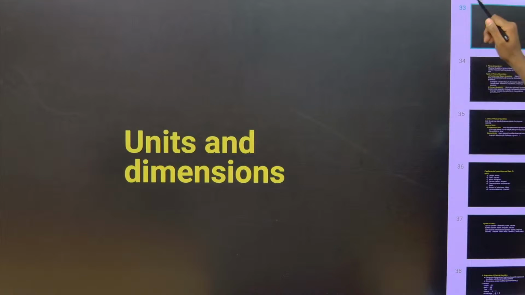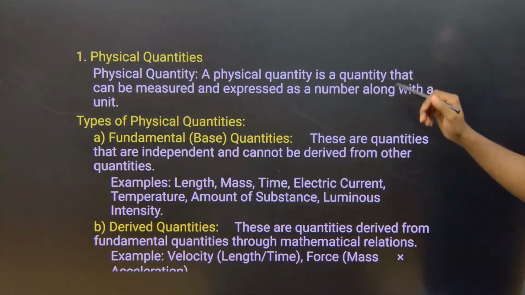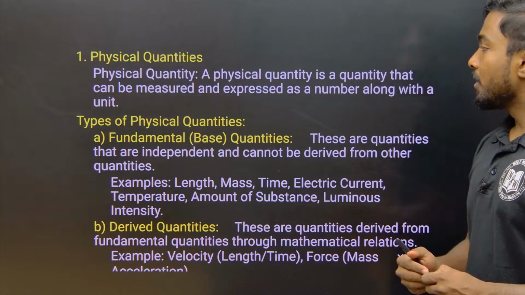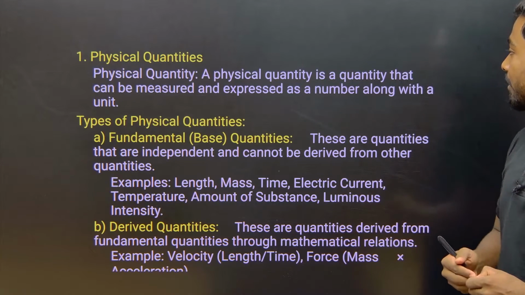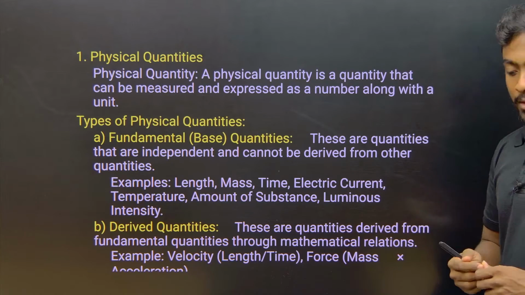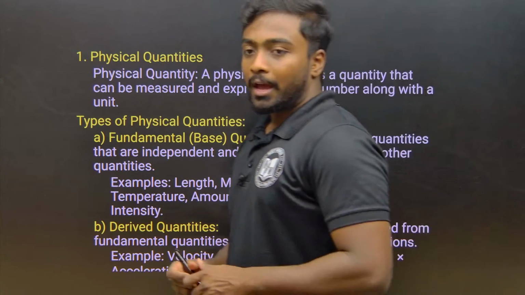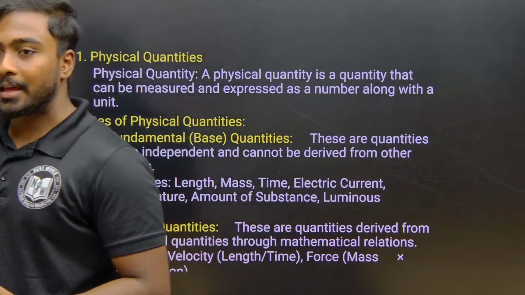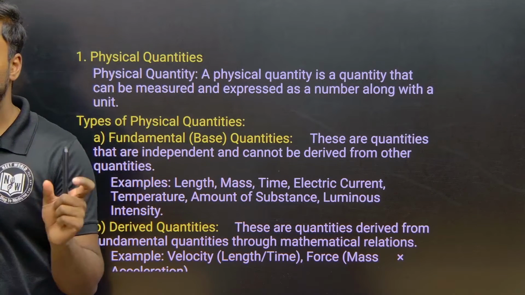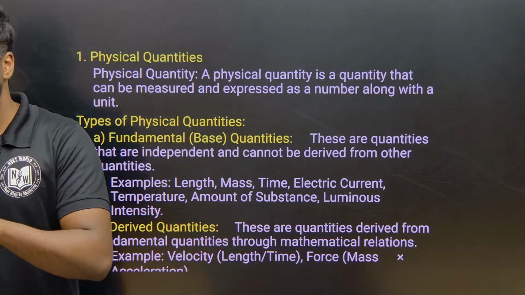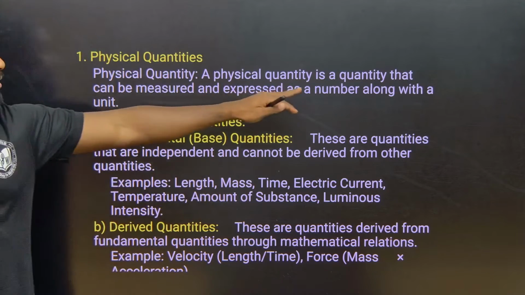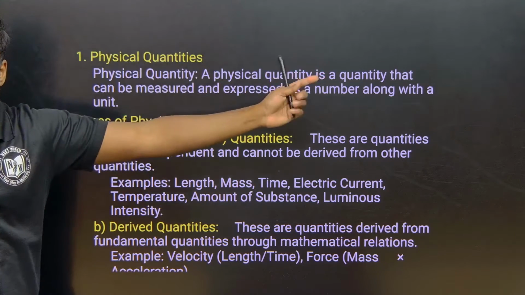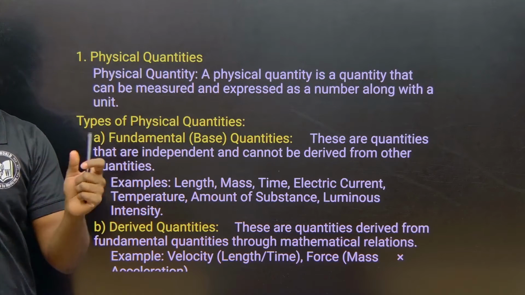So next is units and dimensions. Okay, so we'll see first what is physical quantity. Physical quantity is a quantity that can be measured and expressed as a number along with unit. So if I measure any object, I'll write some number, that is scalar, we'll say, right? Any number means scalar. If they mention direction, it is a vector quantity. Okay, so I have measured an object, I got some number, but I don't know the unit.